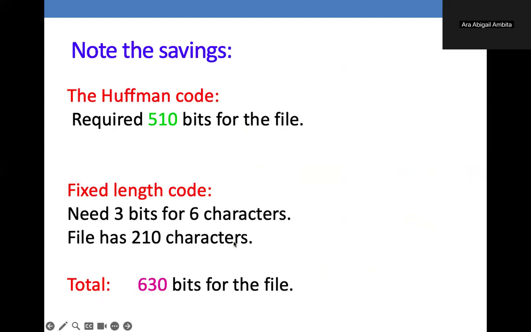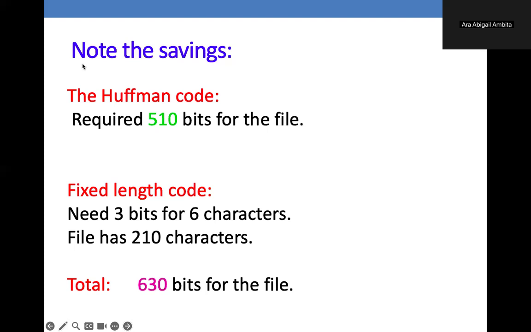So if we use a fixed length code, for example, let's say every character needs 3 bits. If we have 3 bits for 6 characters, and a file that has 210 characters, then we essentially need 630 bits for the file. But with the Huffman code, we save a little.